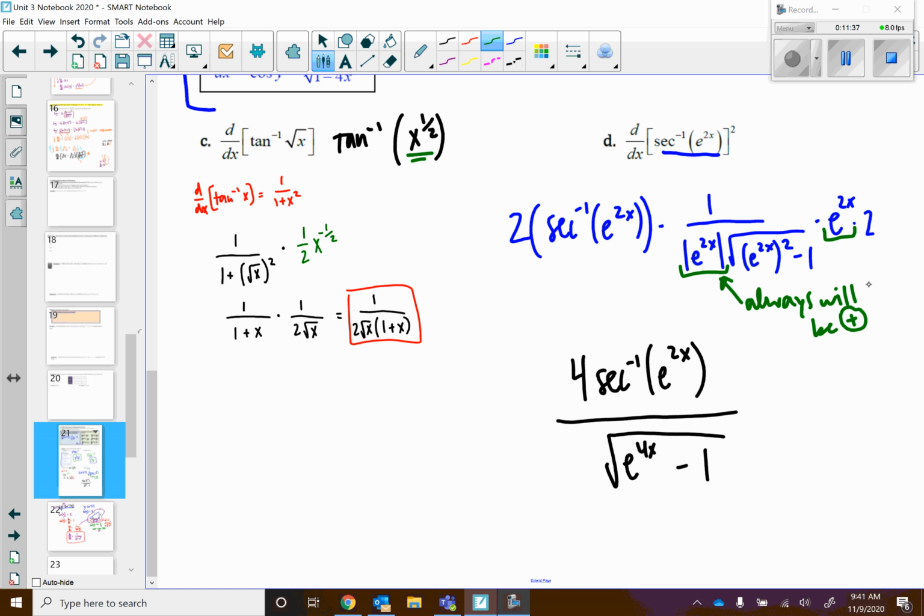So technically, I have an e to the 2x in the numerator and an e to the 2x in the denominator. They are the same, and because it will always be positive, I can technically cancel them. And so I'm really left with just this as my final answer here. Look through the worksheet on this section and let me know if you have any questions.